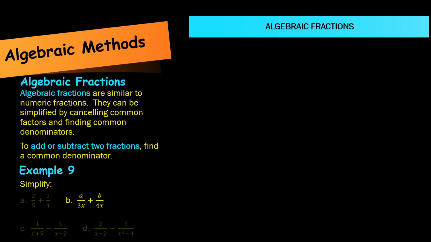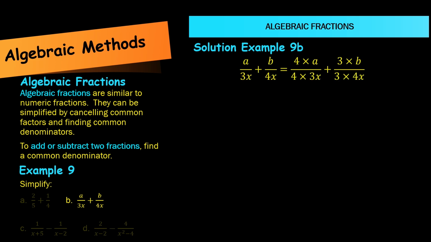So let's solve this. The common denominator that we will have is 12x. So for the first fraction, a/3x, we multiply the numerator by 4 and the denominator by 4, as shown.